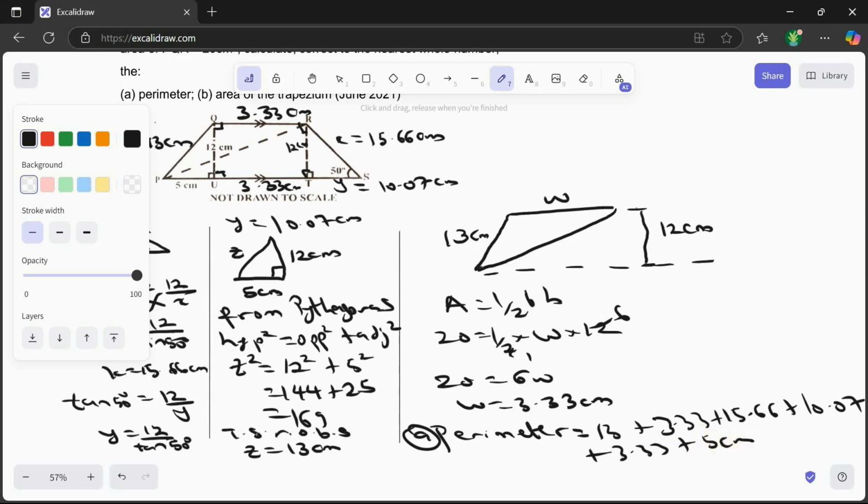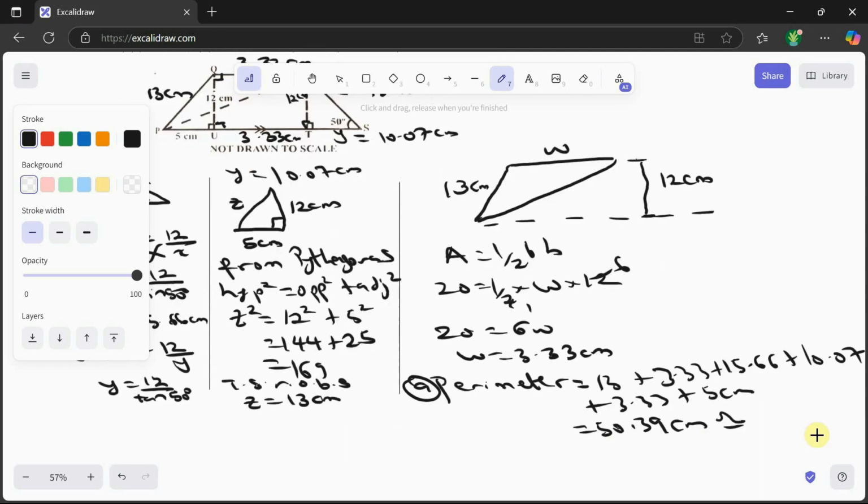Let's solve that. 13 plus 3.33 plus 15.66 plus 10.07 plus 3.33 plus 5 gave me 50.39 centimeters, but it said to the nearest whole number, so that is approximately 50 centimeters to the nearest whole number.